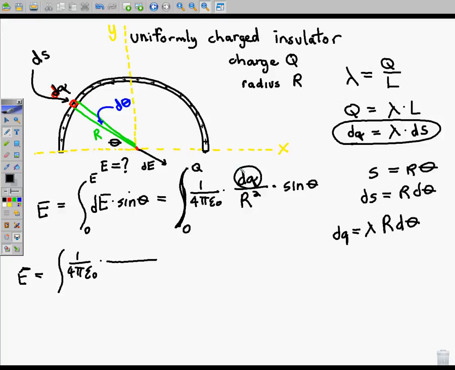That dq right there is going to be lambda r d theta. And what is all that going to be over? R squared. And then what else is left? Sine theta. Times sine theta.